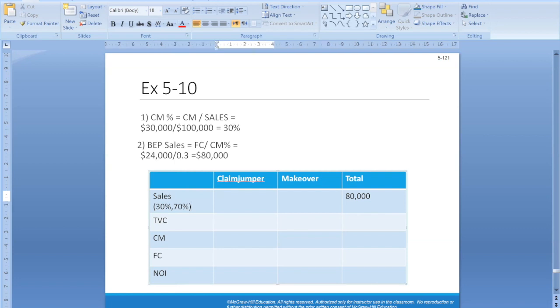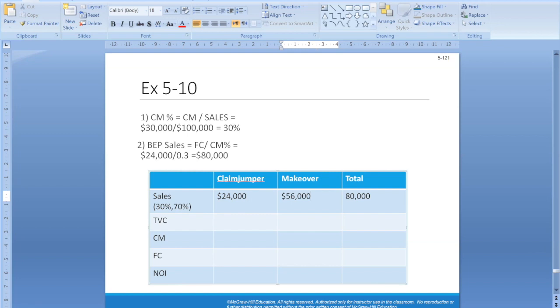So out of 80, we do have $24,000 for the claim jumper, and 70% of the 80,000 will be 56,000 for the makeover.